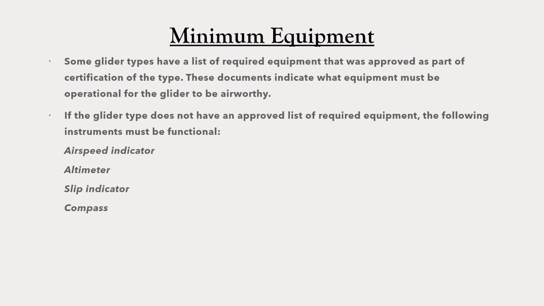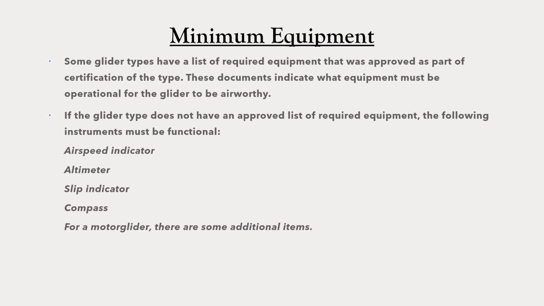So the standard list, when there is no aircraft specific list, is you need an airspeed indicator, you need an altimeter, you need a slip indicator, which can be a yaw string or a ball, and you need a magnetic compass. For motor gliders, the list is a little longer.